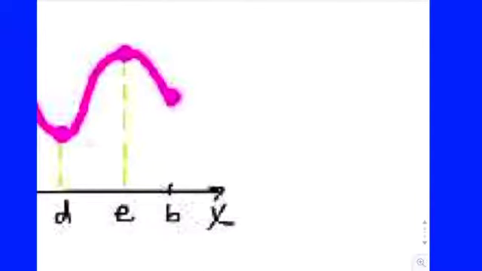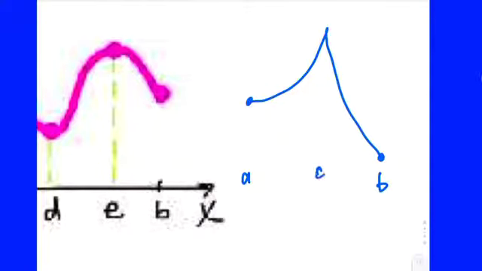What about this? I didn't have this one drawn here, but what if I have this? Here's A. I have that there. We'll call this C. Does the EVT apply to this function from A to B? Is this function continuous on the closed interval? Yeah, it's connected. Is it smoothly connected? Is it differentiable? No. Does it have to be differentiable for the EVT or the IVT?